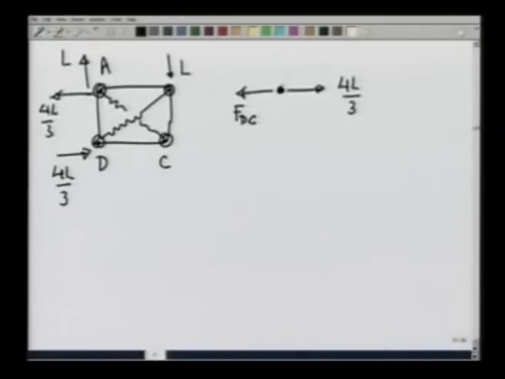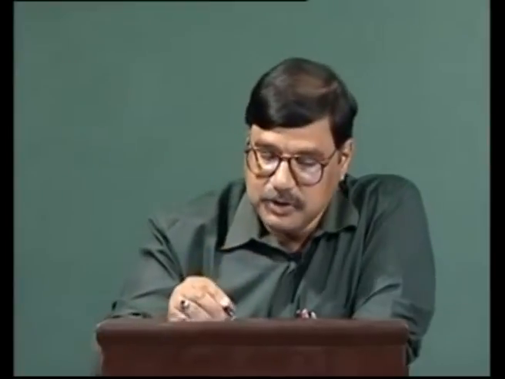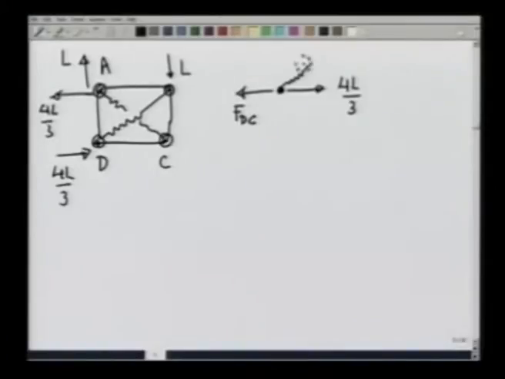There is a force by the rope. Now, since this is a rope, it can apply only a tensile force. I mean, the rope can exist only under tension, not under compression. So, it will not support a compressive force. So, it can apply only a force in this direction, let us call it F DB, and there is a vertical force due to rod FAD.